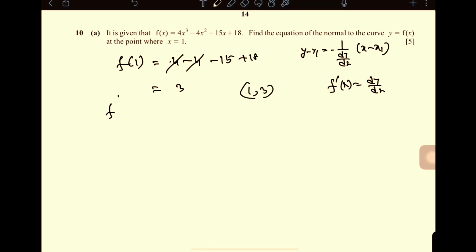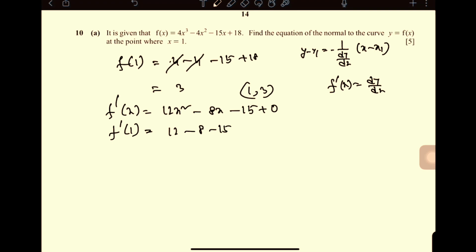Now next part is f dash x, like as dy dx. 12x square minus 8x minus 15 plus 0. Let me use x value here. X is 1 here. 12 minus 8 minus 15. So this is minus 11.